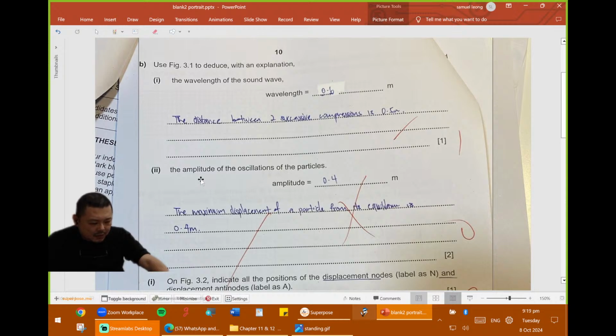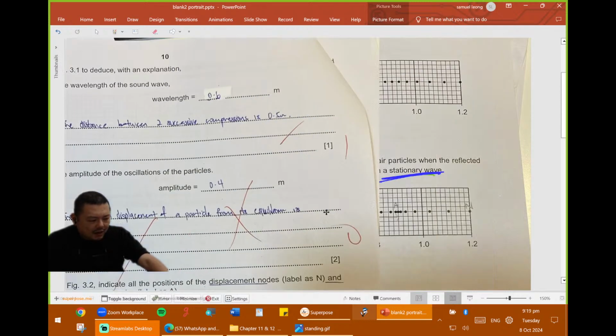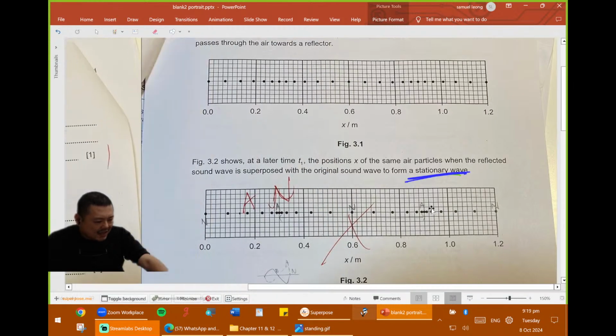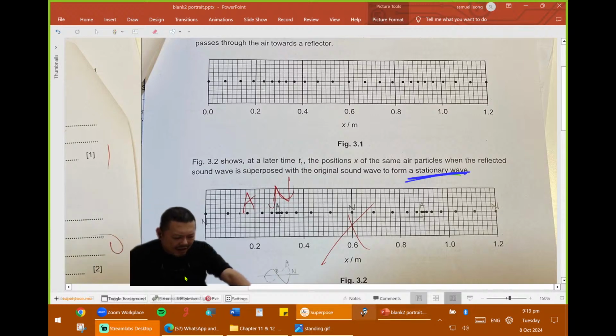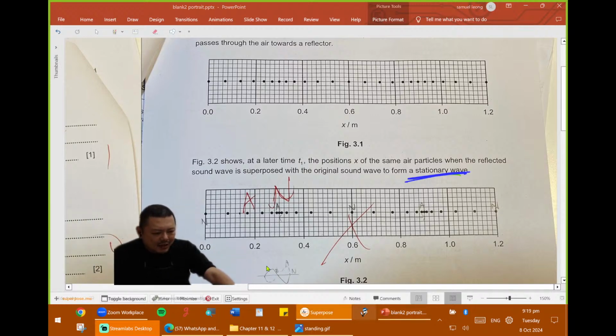Then basically you're supposed to state the maximum displacement of a particle from its equilibrium position, is it? Okay, right. But you see, the problem is that this is a standing wave, and there are some particles that don't actually move at all. They never moved at all, right?